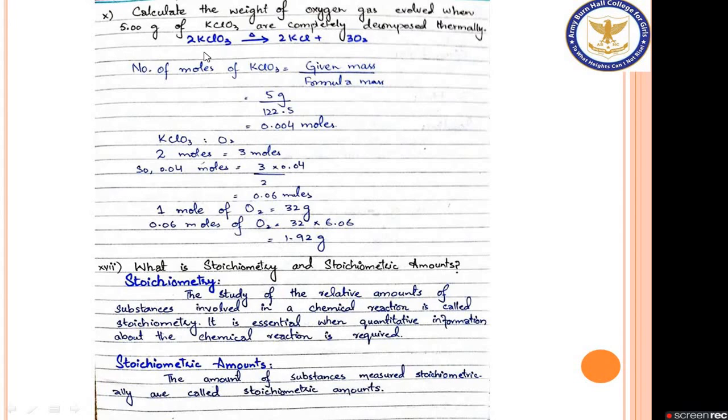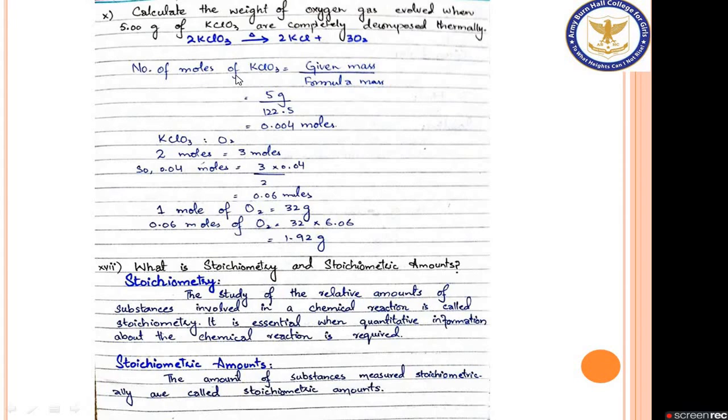So 2 moles of potassium chlorate gives us 2 moles of potassium chloride plus 3 moles of oxygen. We are provided with the grams of potassium chlorate, so first we have to convert these grams into moles with the help of this formula. Here we use the formula mass because potassium chlorate is an ionic compound.